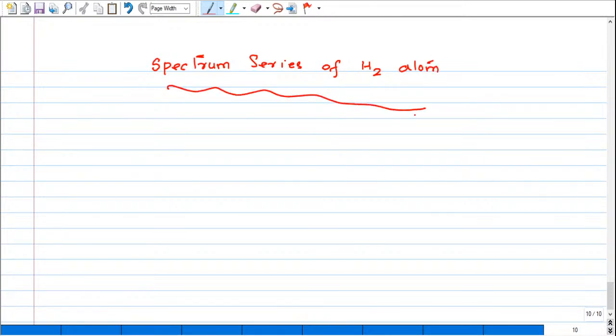Before going to the question, let me go with some spectral series of hydrogen atoms. Without knowing this, we cannot go. Spectral series of hydrogen atom. You know very well there are 5 series. One is Lyman series, the other one is Balmer series.